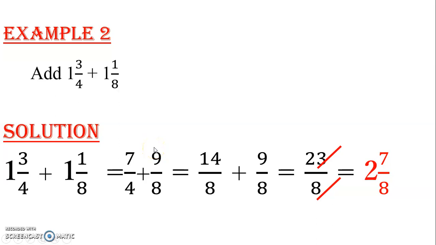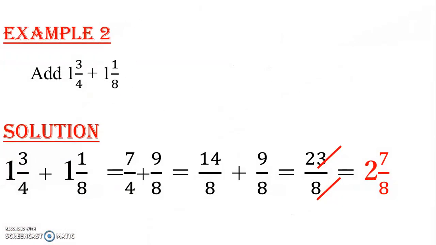Step 2. We're going to find the equivalent fraction of both fractions. And how do we do that? First, you find your LCM. Okay, so our LCM of 4 and 8. We're not done yet. Alright, so LCM of 4 and 8 is 8.